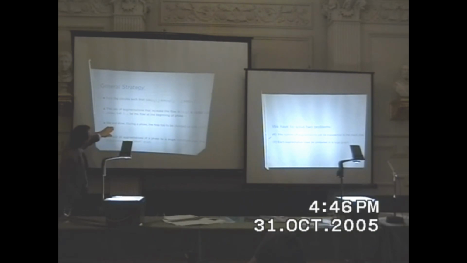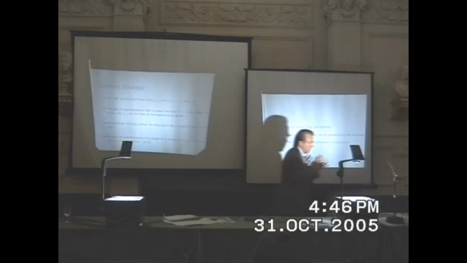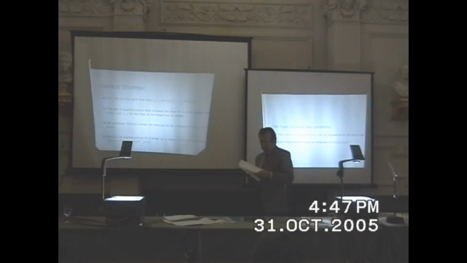And now we show during the phase, at least I will give you some rough idea about this, the flow has to be changed only that much. See, there is no n in it. Moreover, we can replace all augmentations in a phase by a single minimum cost flow in a quite small graph, in a graph which does not depend on n either. And those two facts are essentially in order to get an improvement of the running time.